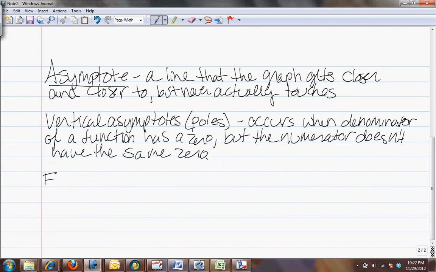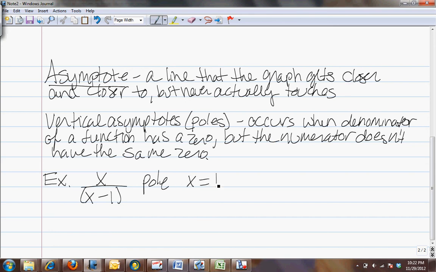So I'll give you an example of that. So let's say we were looking at the rational function x over x minus 1. So this binomial at the bottom, we have x minus 1. The pole here, or the vertical asymptote, what do you think it's going to be?